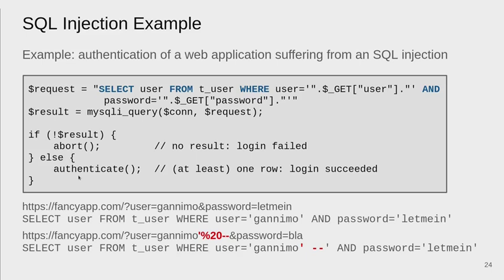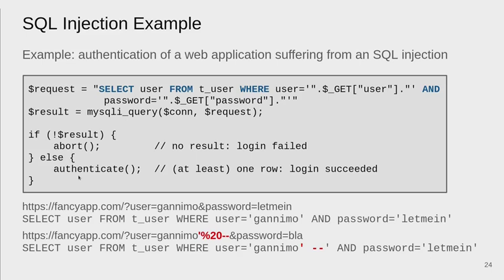What you can do is inject, for example, at the username, because we don't even know if the username is correct. So instead of the username, we insert an end quote, a single tick, and then %20, which is a white space, and then two double dashes.